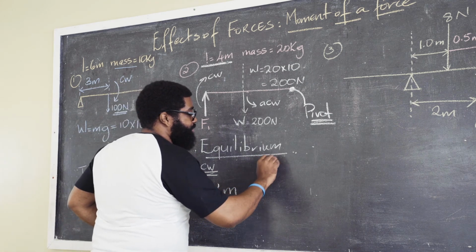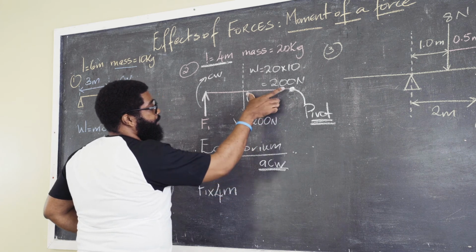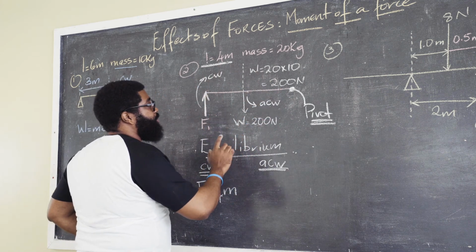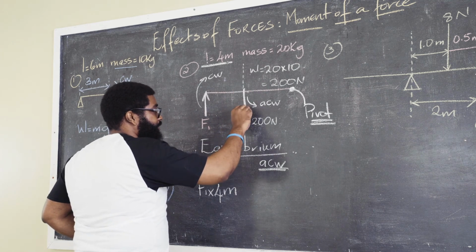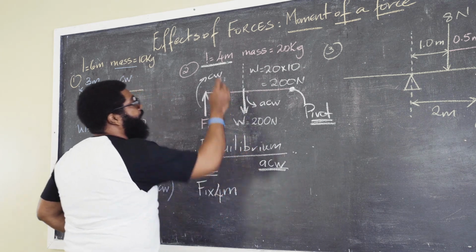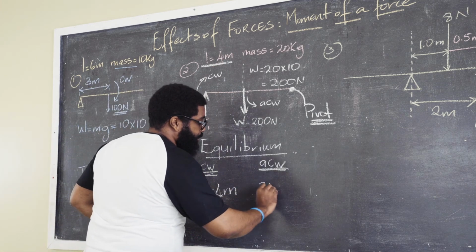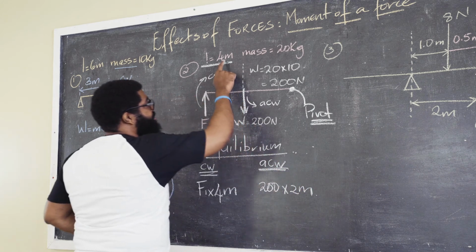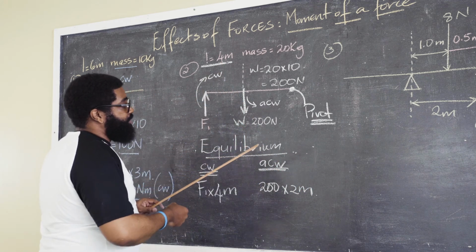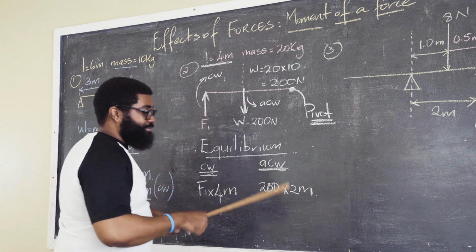And anti-clockwise, we have force by distance. The plank is uniform, so the weight acts in the middle, and the middle for anything that long would be 2. So it's 200 by 2. How did I get 2? I just divided this in half because it's in the middle, and the middle means equal lengths on either side.